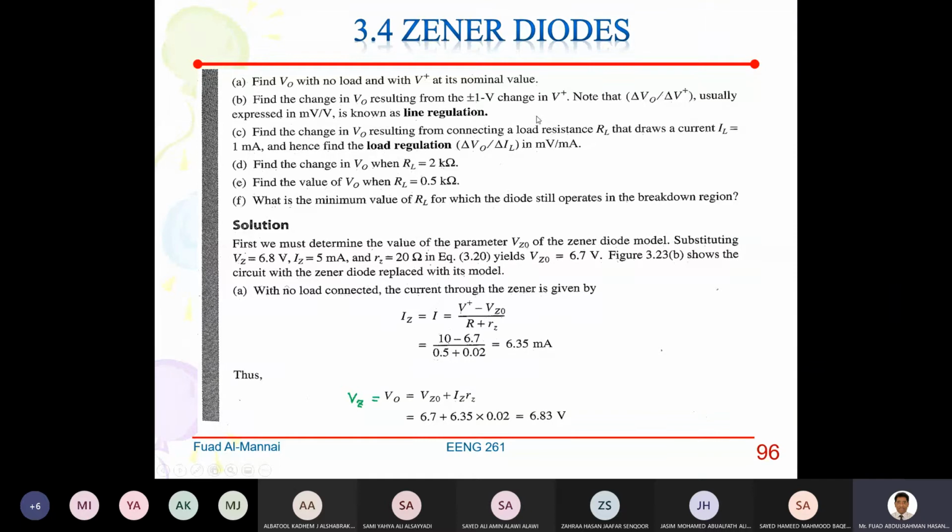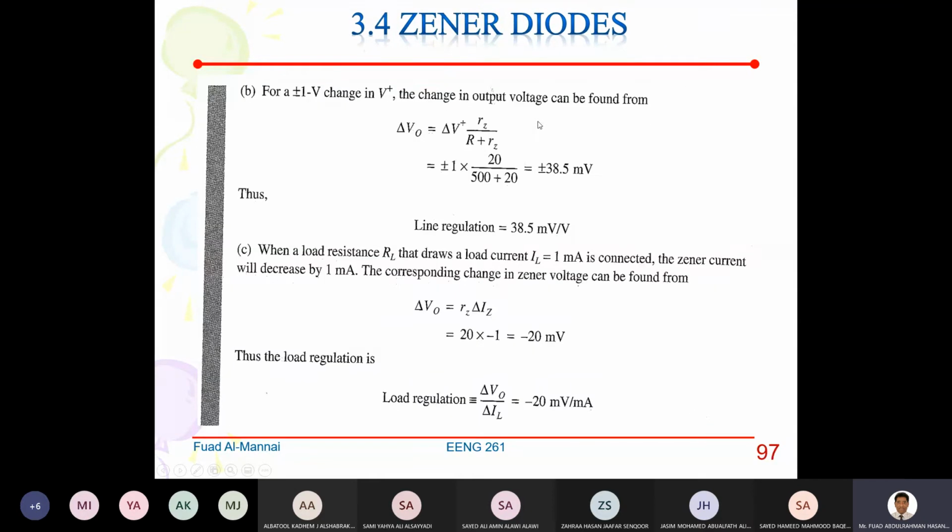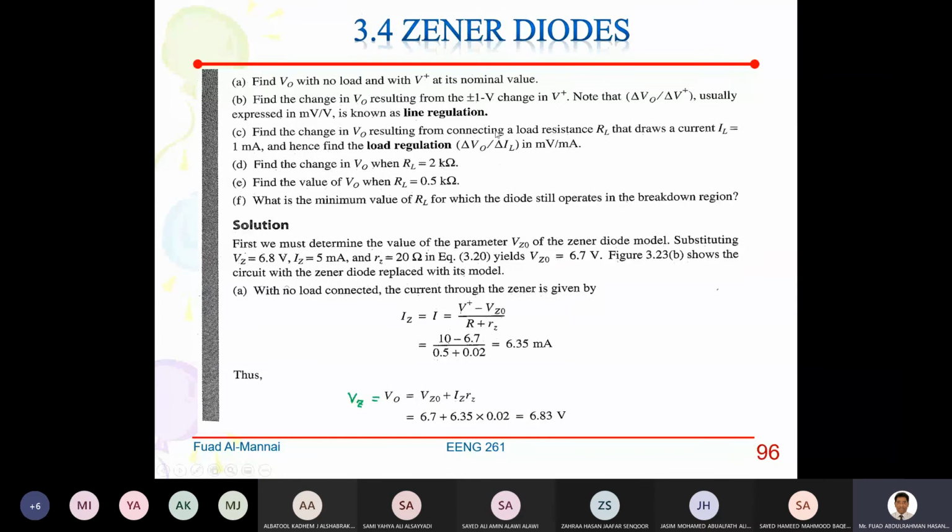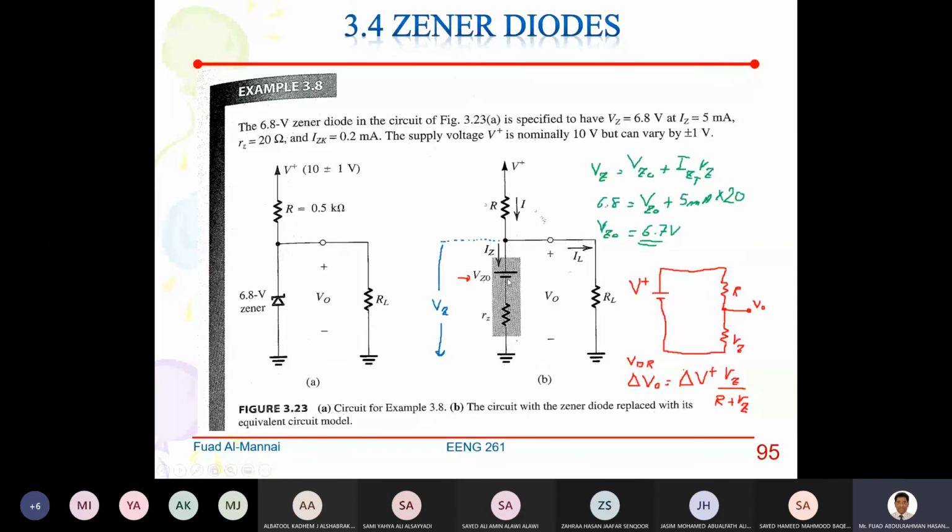This is the B type. So remember that this one here is constant. So what affects the VZ or VZO in this case? What affects it is the voltage across RZ.